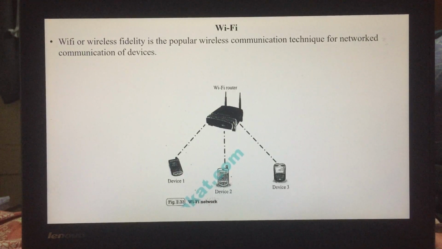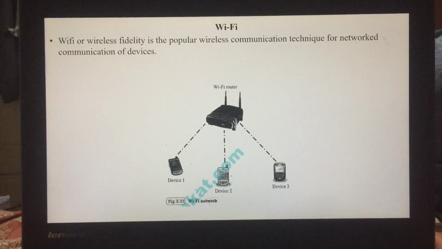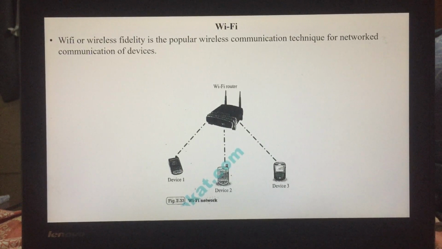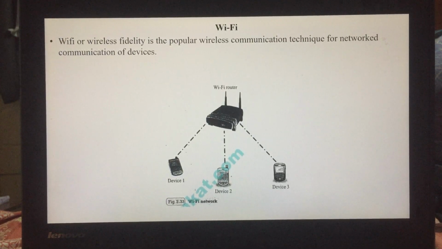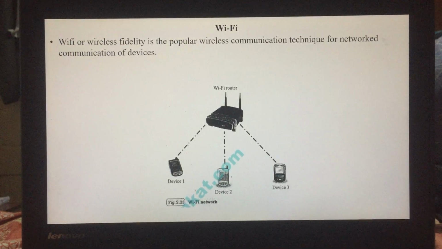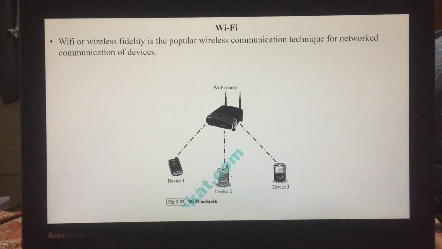If the network is security enabled, a password is required to connect to the particular SSID. SSID means it lists out the available network. Wi-Fi supports data rates ranging from 1 Mbps to 150 Mbps. Depending on the type of antenna and usage location, Wi-Fi offers a range of 100 to 300 feet.